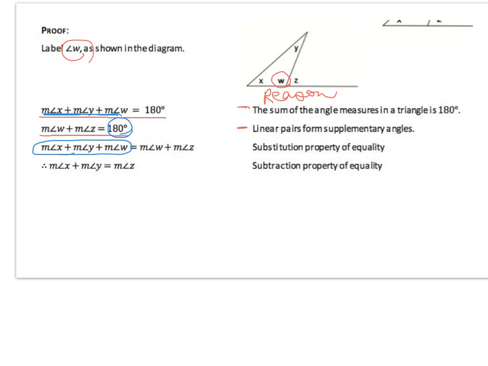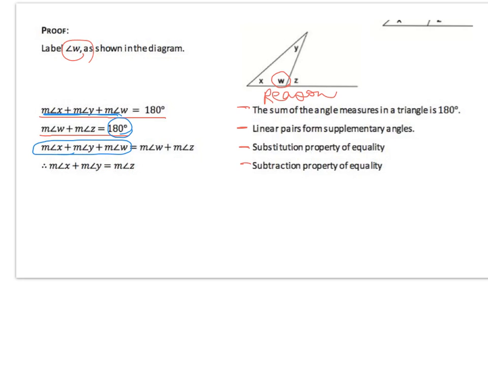I substituted the measure of angle X plus the measure of angle Y plus the measure of angle W for 180 equals the measure of angle W plus the measure of angle Z. And our reason is substitution property of equality. Therefore, the measure of angle x plus the measure of angle y equals the measure of angle z.